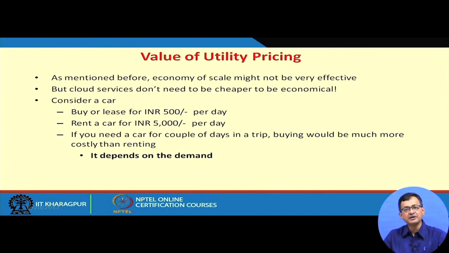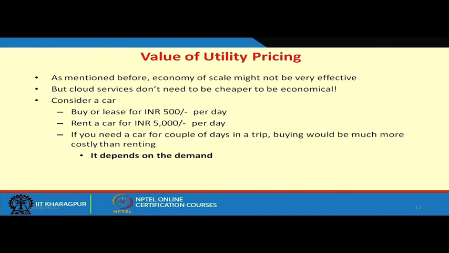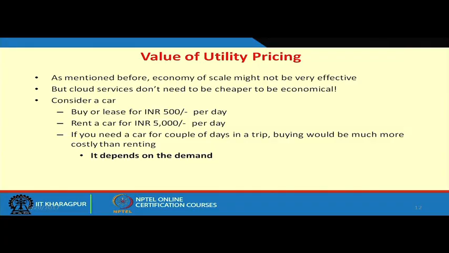If I am commuting a large distance only once a month or a couple of days in a month, then buying a car may be more costly than renting a car. But if I require that car on a daily basis, going to my workplace, traveling a large distance and so on, then buying a car may be more economical than renting a car. So, it all depends on what sort of demand you have.